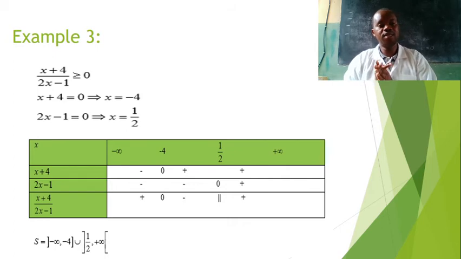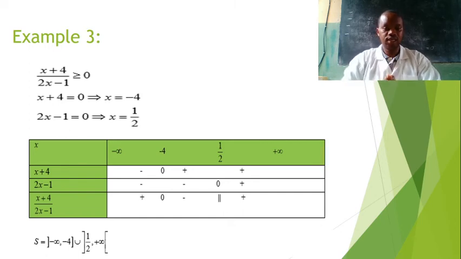And remember that the inequality which is given is x plus 4 over 2x minus 1 greater than or equal to 0, which means that we will find where it is positive, and those intervals are the ones to be considered as where the solution set is.